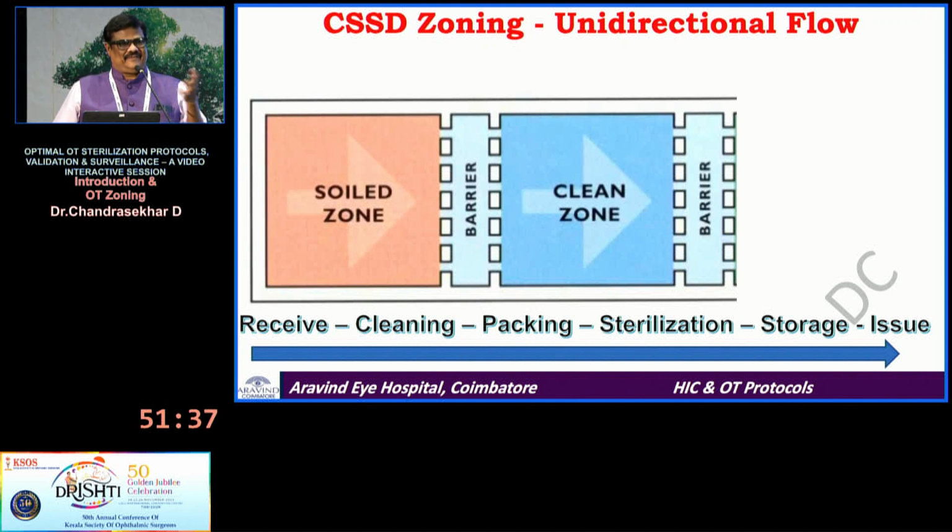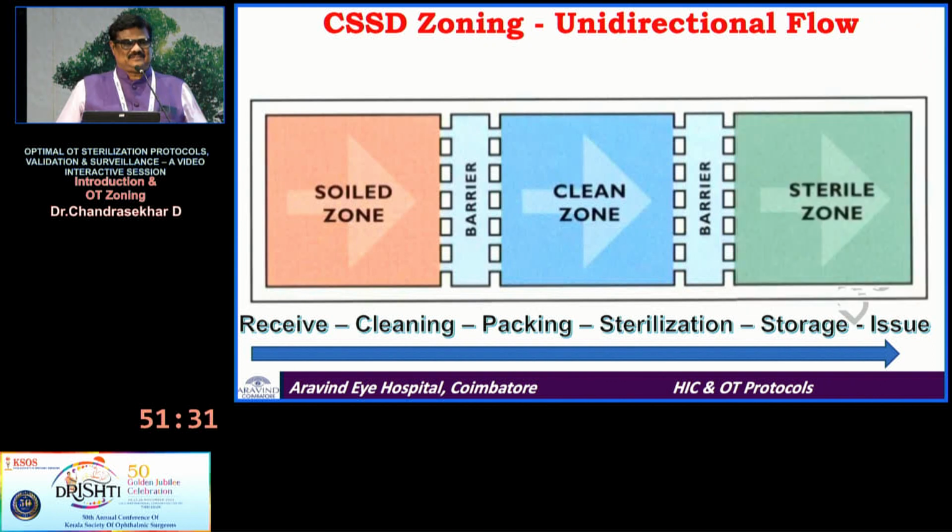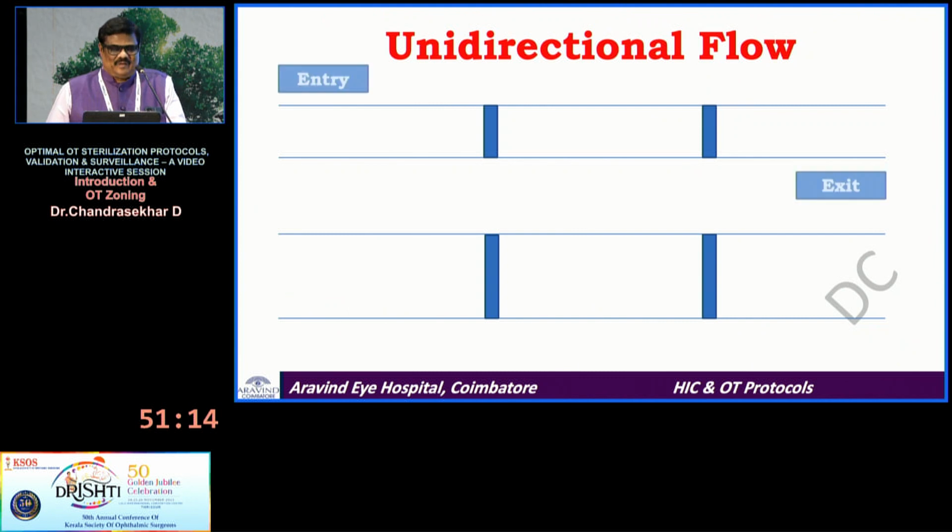In the cleaning zone there are various steps which Dr. Rajiv will show. Once it is cleaned and packed, then it goes into the sterile zone where your autoclave will be. So between the clean zone and the sterile zone, it is ideal to have a double door autoclave. On one side you put in the packed items, on the other side you get the sterilized items and put them in the storage area. This is the best way to construct an OT.